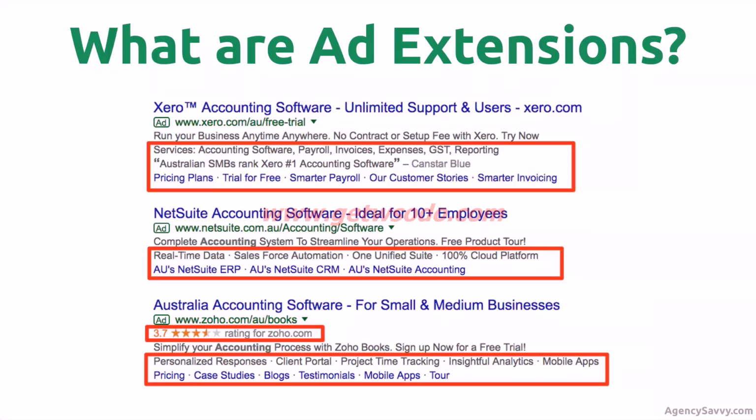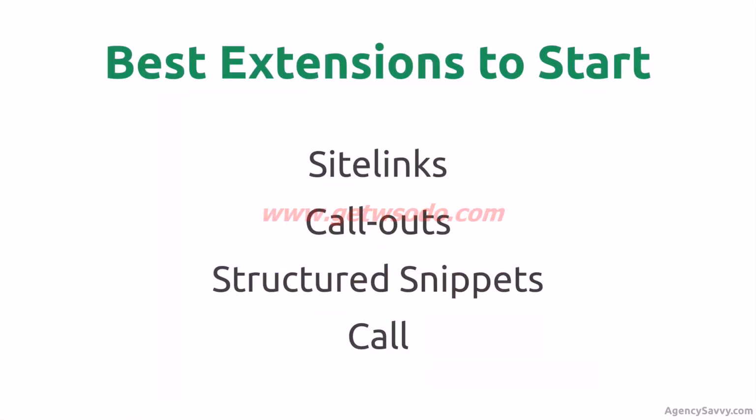And there are also these things called ad extensions, which, like the name suggests, extend your ads. They add a bit more information to your ad. And there's a whole range of these, but this sort of stuff that I've highlighted here, these are all extensions. There's stacks of these. There's about a dozen different types of extension. If you were only going to do 2, I would stick to site links and call out extensions, those top 2 that I've listed there.